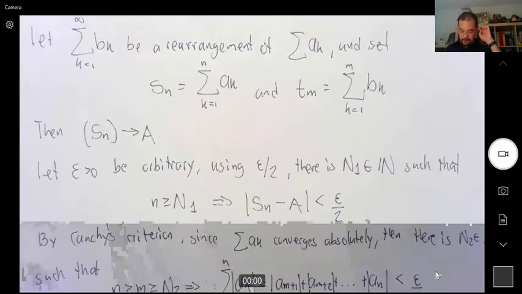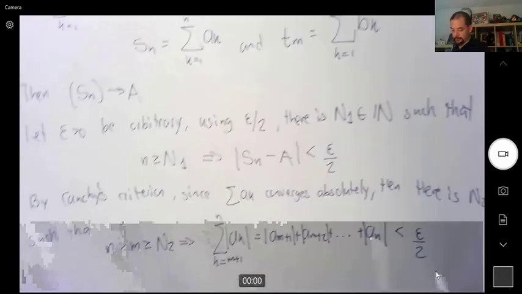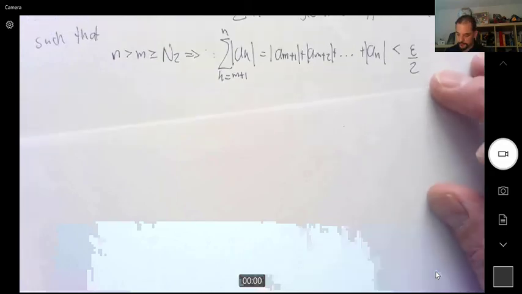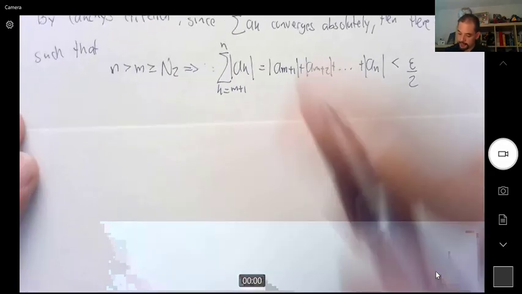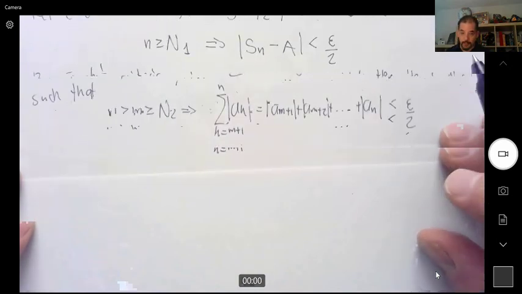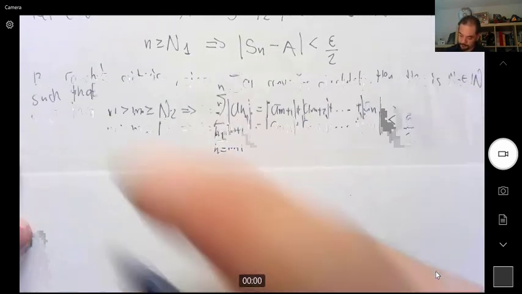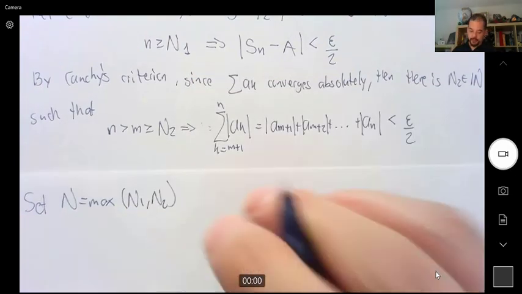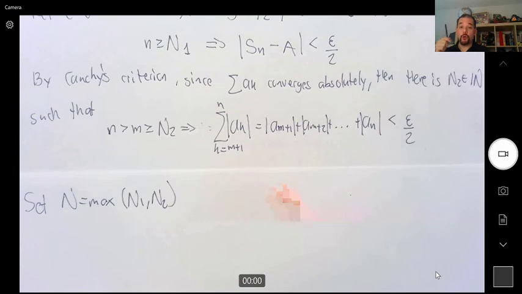So comes the time to involve the B's. First, we're going to choose something bigger than these two. As is common here, we're going to pick capital N to be the maximum of N1 and N2. Here's the thing. What we do know is that the function f, the rearranging, is a bijection.